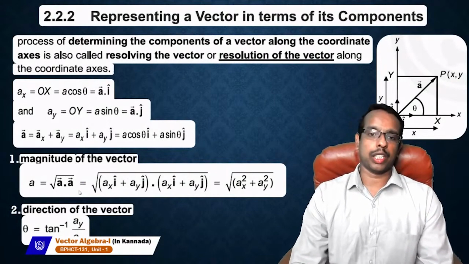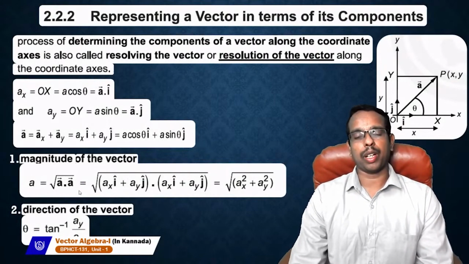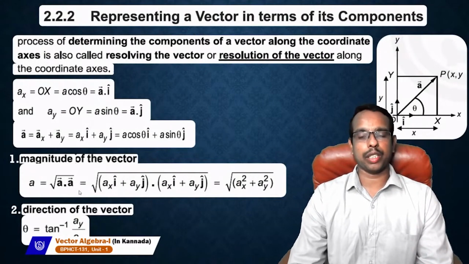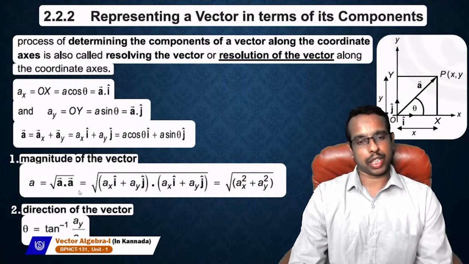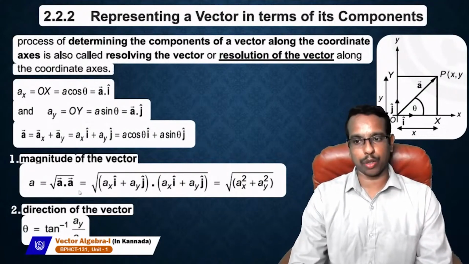As of now, I'll stick to the case where the vector starts from the initial point, that is 0, 0, the origin, and a line is touching the point P. So this is the length, where O is the initial point and the other is the end point. The length of this is nothing but the scalar quantity A, or the magnitude.